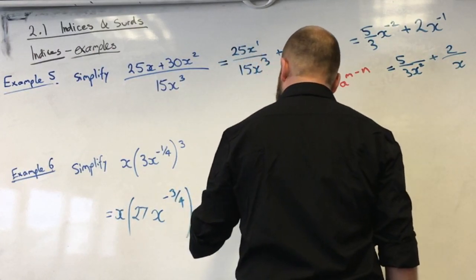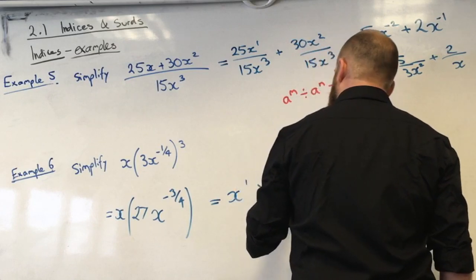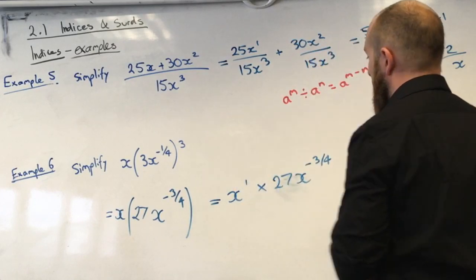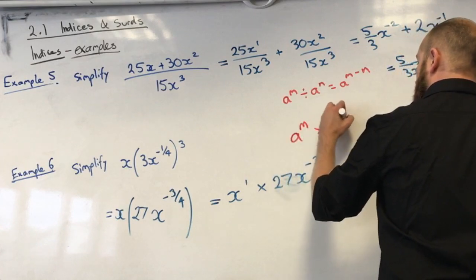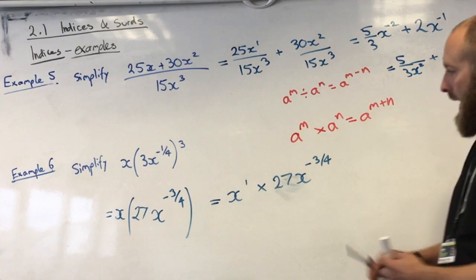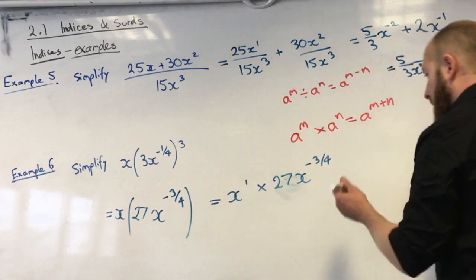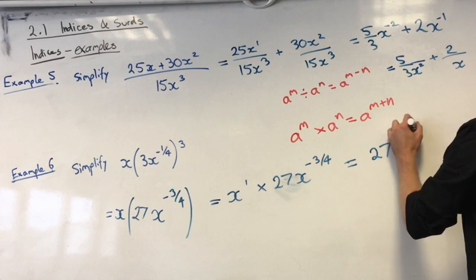Which is like saying x to the 1 times 27 x to the minus 3 over 4. Which is like the rule a to the m times a to the n. This one here. So we need to add 1 and 3/4 together, leaving us with 27 x to the power 1/4.